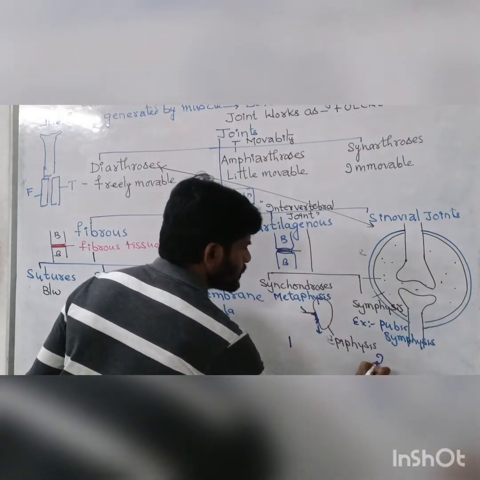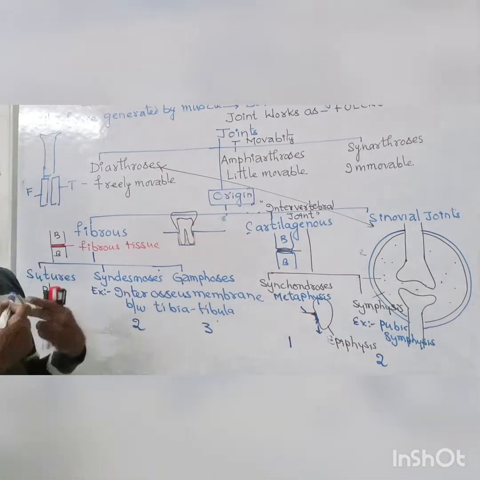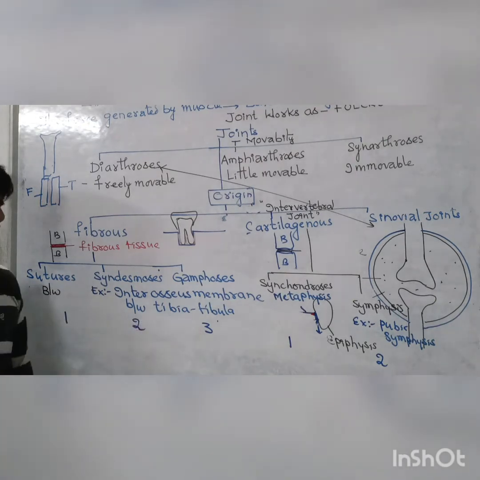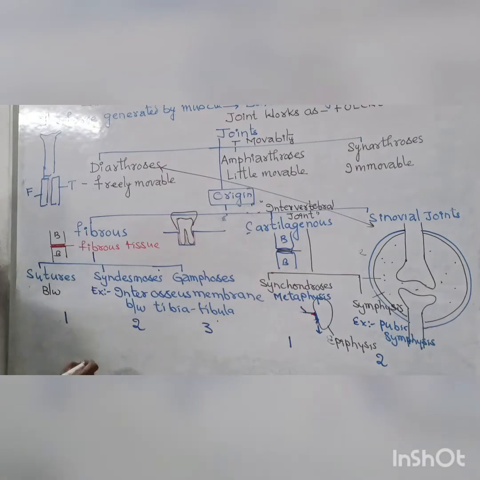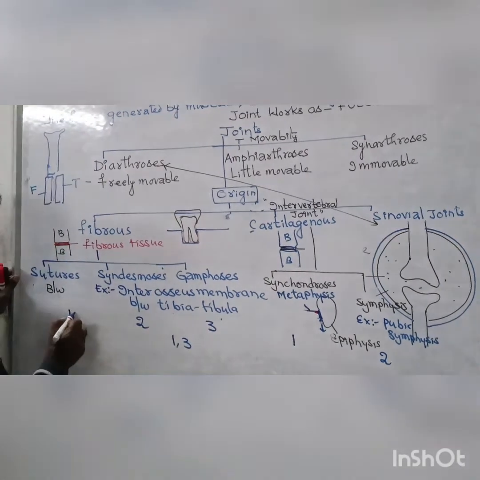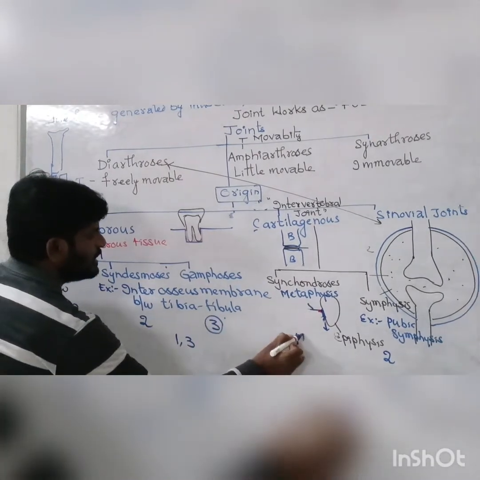Symphysis, 2. I have given some numbers for my convenience. Fibrous joints are 1, 2, 3. Cartilaginous joints are 1 and 2.